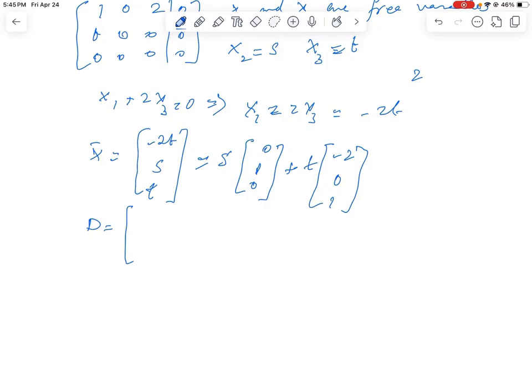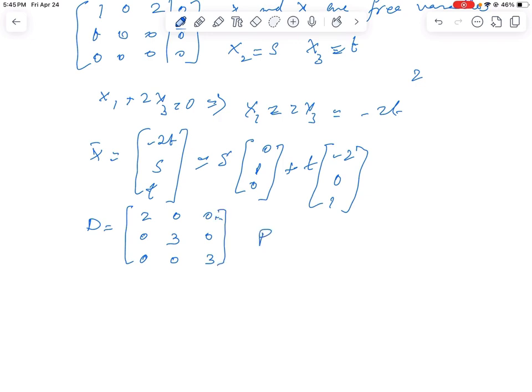So 3 has multiplicity 2, so 3 will come twice. So we can write 2, 0, 0, 0, 3, 0, because 2 is appearing only once, 2 has multiplicity 1, 0, 0, 3.